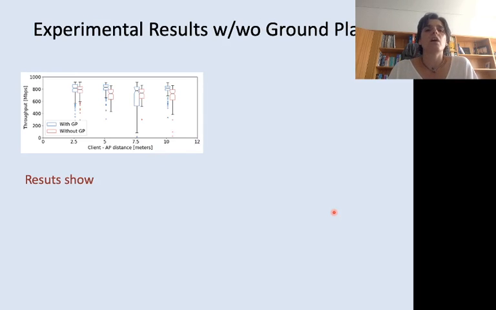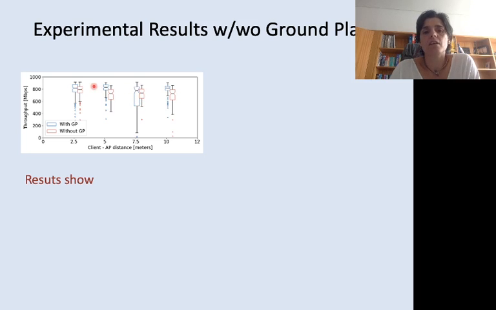So now, what does it look like when we compare results with the ground plane with results without the ground plane? In blue, you can see the results with the ground plane, in red, without. And you can see for each distance that the distribution of the measured throughputs is larger if you have the ground plane.